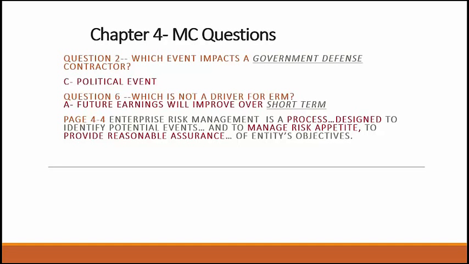Which events impact government defense contractors? And these are some of the questions here. And the issue is a political risk. So there is what we call political risk, in the sense that if you are working outside the country and you establish a contract with a government, or you have some sort of factory in a country where there are risks of overthrow or changes in government or a million other things, something bad could happen.